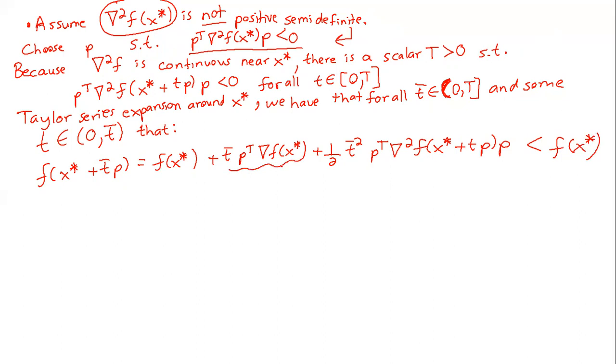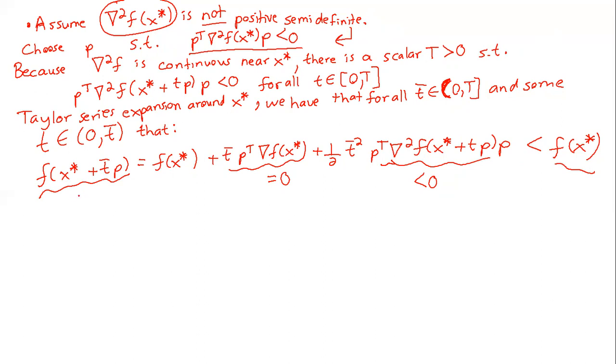Because this is equal to 0 at the optimal point, and this part we're saying is less than 0 according to our assumption. So this has to be then less than f of x star. And so this gives us a problem once again, that there is some other point that is less than the minimizer, contradiction.